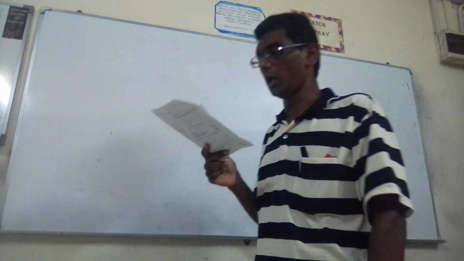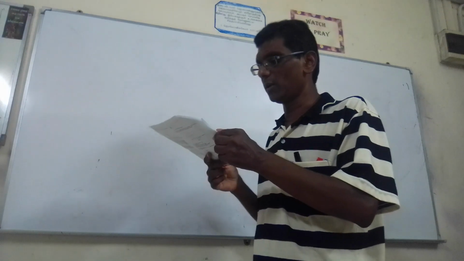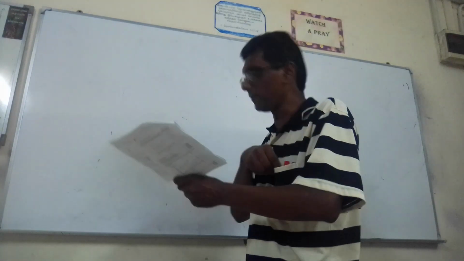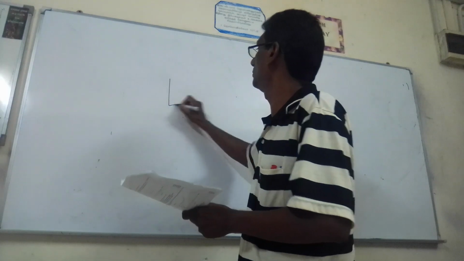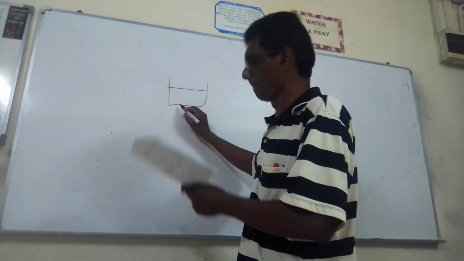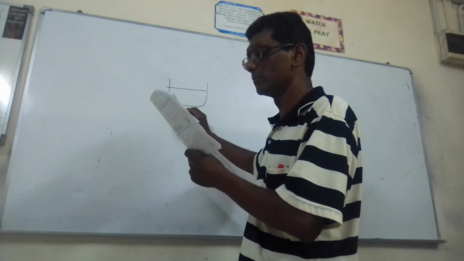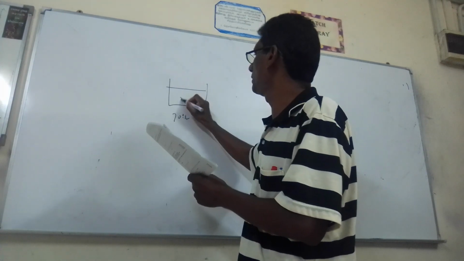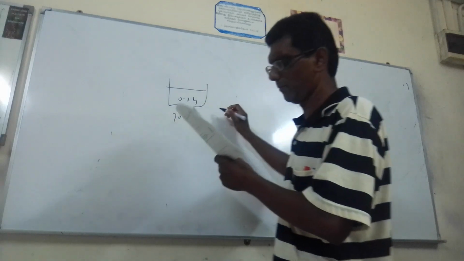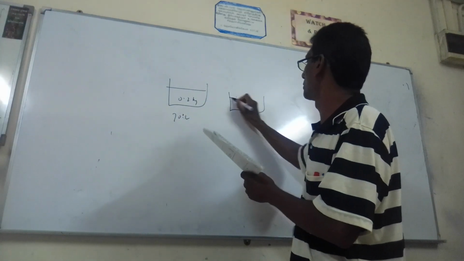For this question, I write it for you: 70 degrees Celsius, 0.2 kg. This water and this water also.